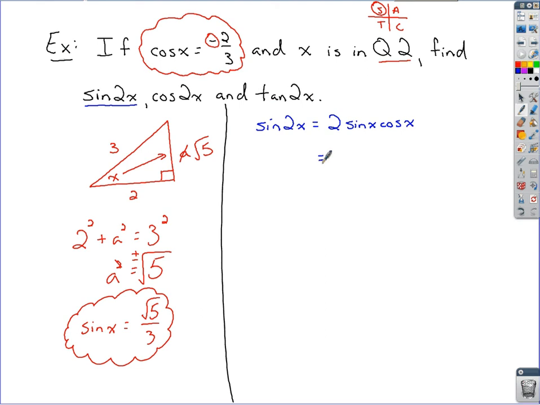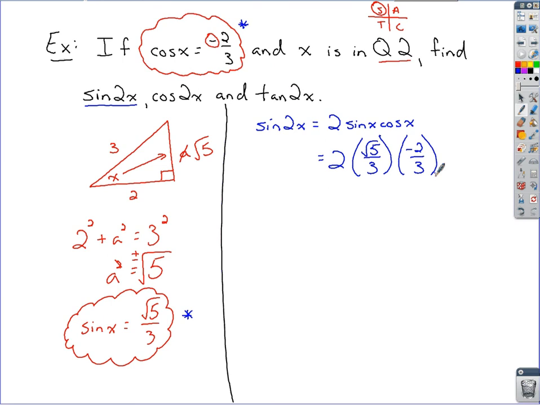Since I know the sine of x is the square root of 5 over 3, I can insert that in after the 2, right? And the cosine of x, that was given as negative 2/3. I can insert that in here at the end.